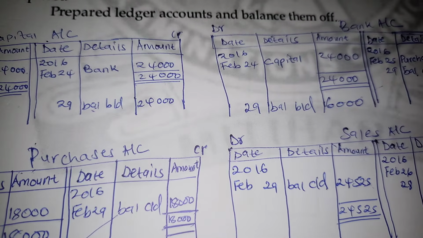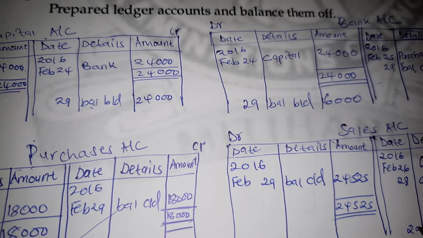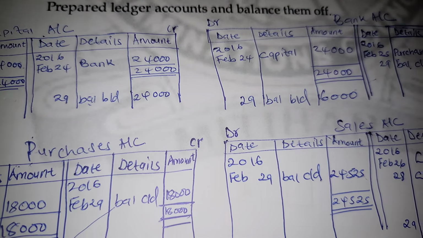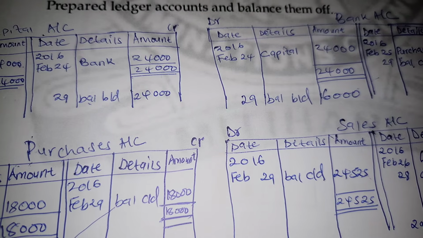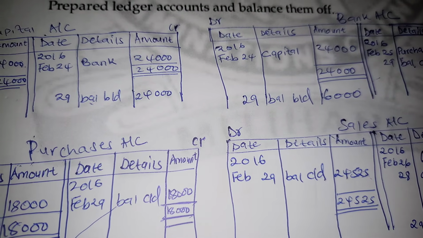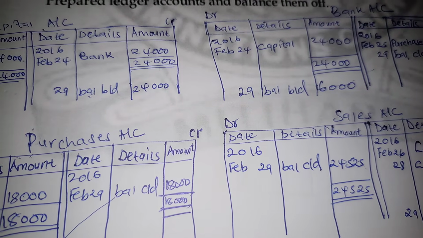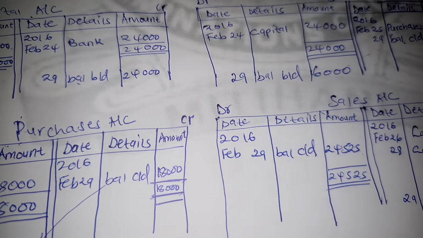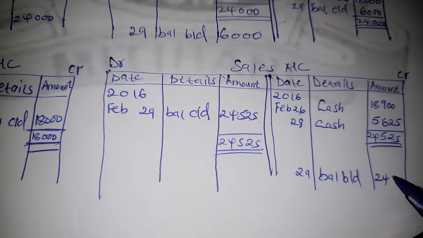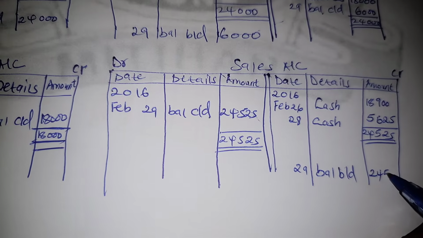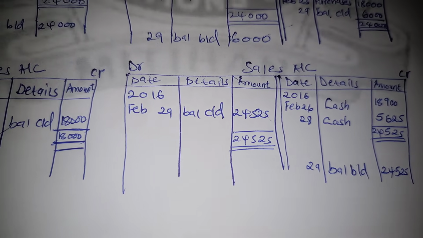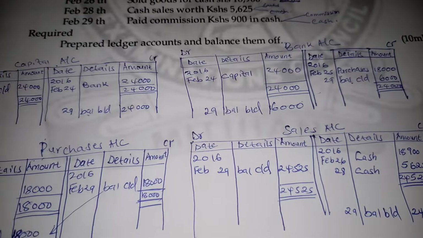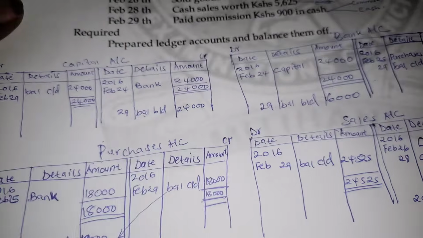And always remember to bring down the balance. The 29th balance brought down will be 24,525, and we are through with our question.